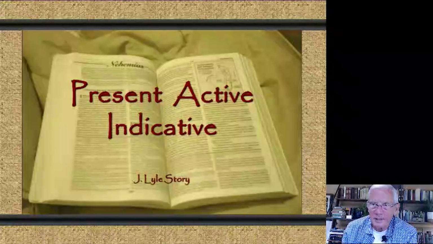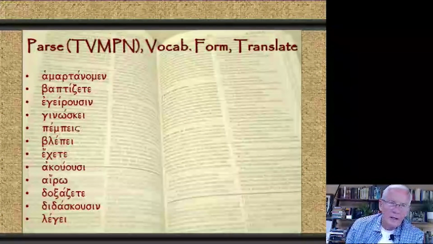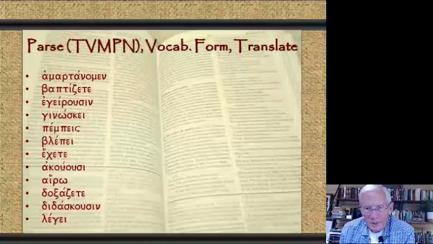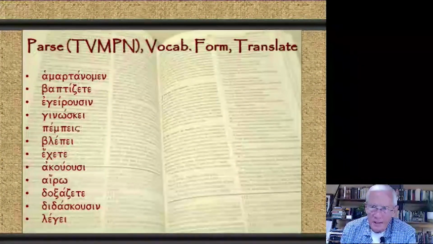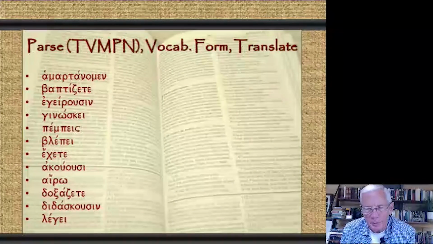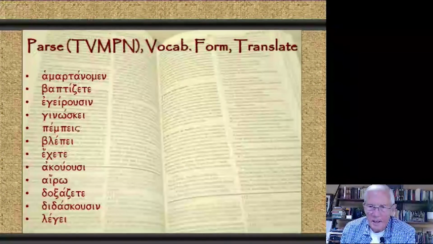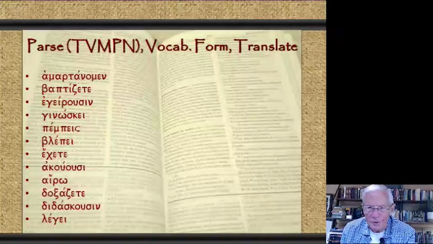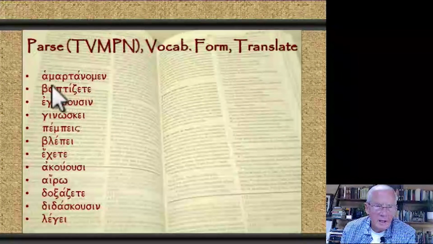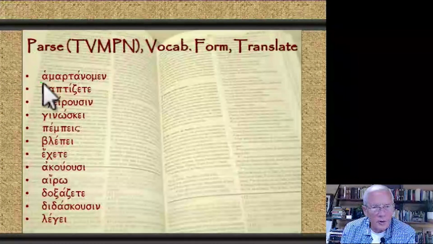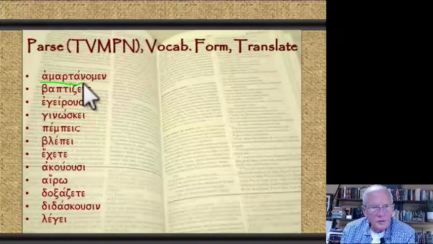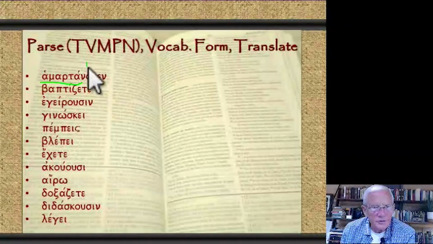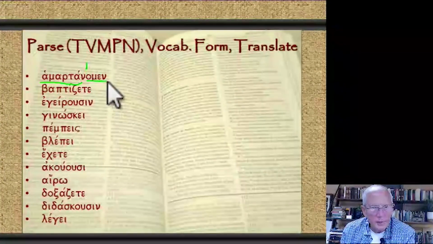Present active indicative. Now, we're going to be doing some practice here, and I'm going to ask that you hit the pause button in a moment to do your work, and then we'll compare notes. Now, when we're working with verbs, we want to be able to identify the stem plus the ending.